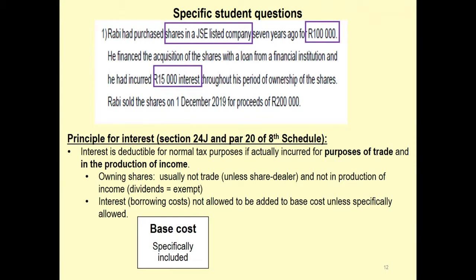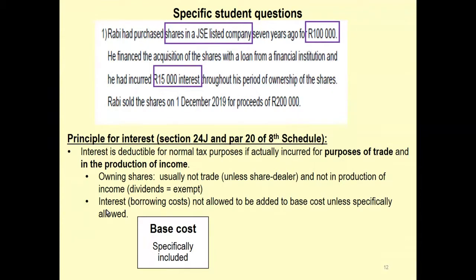Kelly, this is particularly relevant for your question. On slides 48, 49 and 50 of study pack 12 is listed what amounts are specifically included as base cost, what amounts are specifically excluded or not allowed, and what you must reduce base cost with.